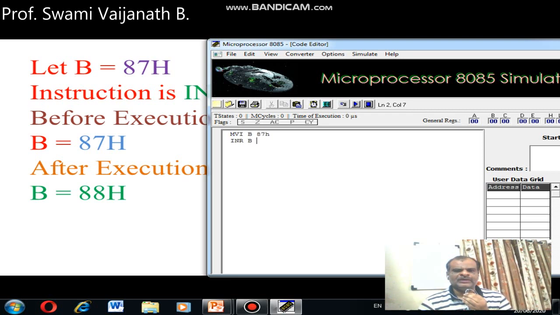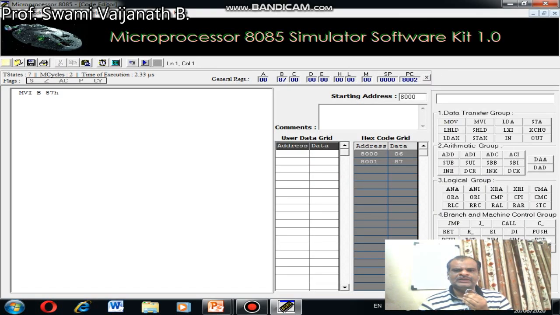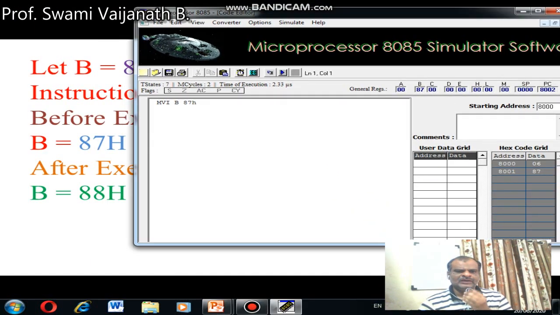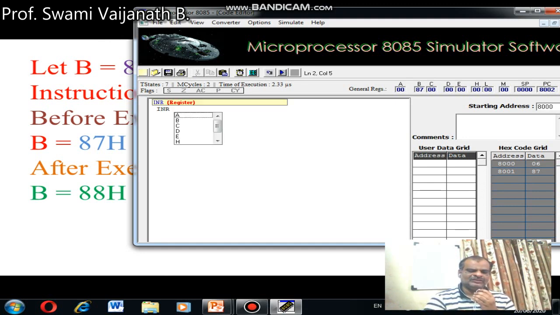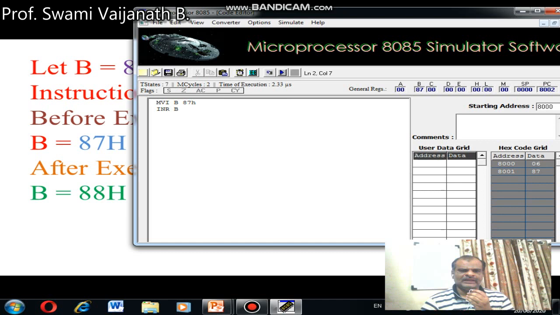Firstly, I execute MVI B. Here you look, B is equal to 87H, that is, before execution the content of B is 87H. Then I give the instruction INR B, and I execute it.